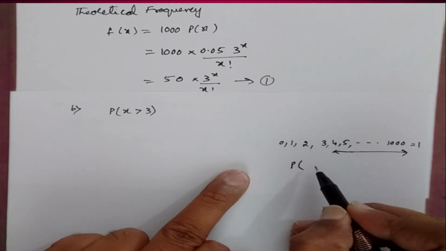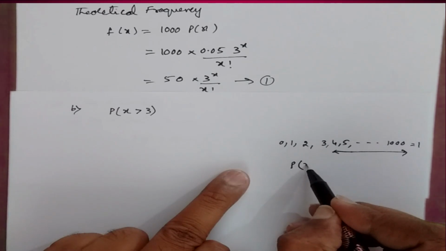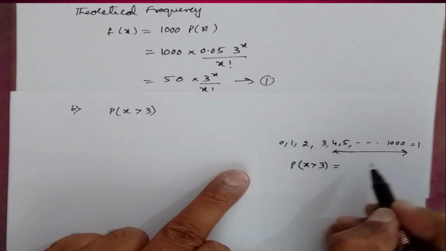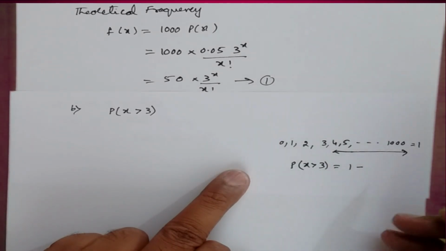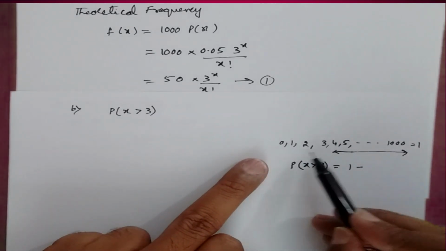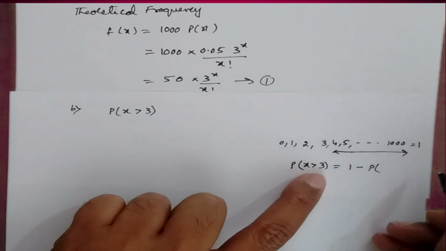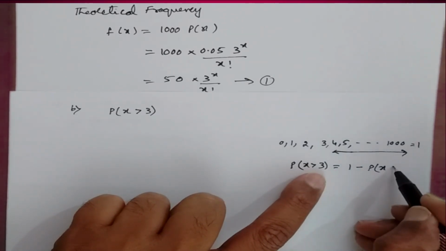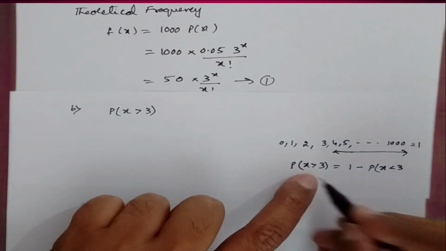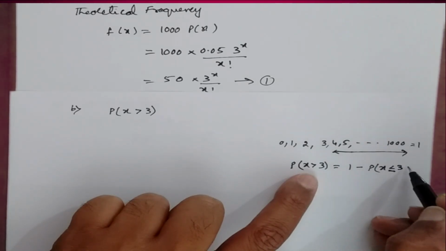The probability when the value of x is greater than 3 can be written as 1 minus all the other probabilities. The opposite of greater than 3 will be less than 3, and because equals to is not there, we maintain equals to over here.